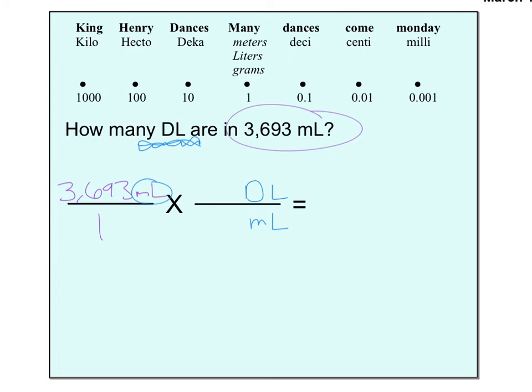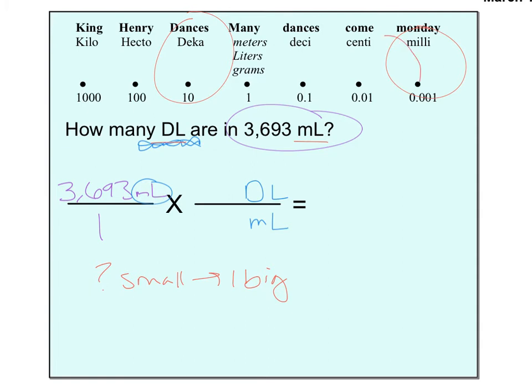Last step, you need to figure out the relationship between these. Like I said, I like to know how many small are in one big. So I have to come up here. I'm dealing with milliliters, which is right here, and deciliters, which is right here. Milliliters are smaller, so I'm going to start here. And remember, every single hop is a power of 10.